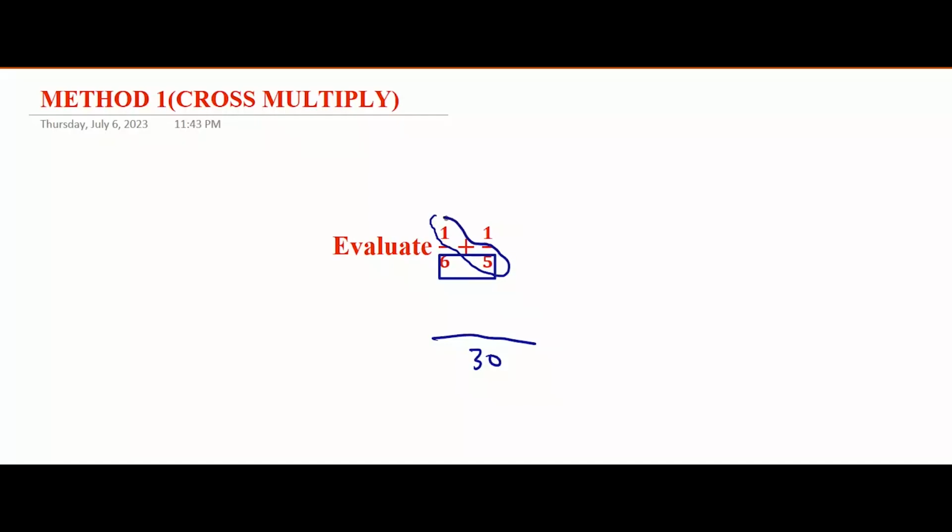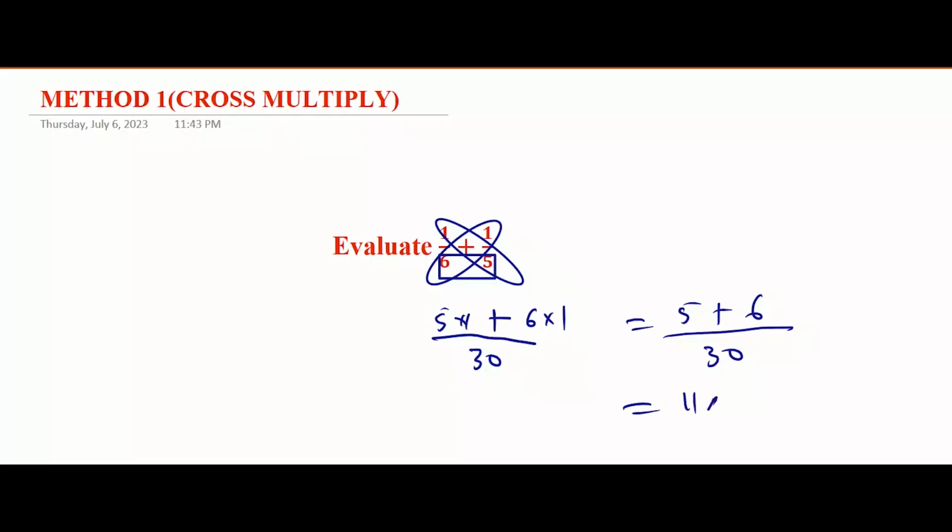So that will be 5 by 1. Then add, we also multiply 6 by 1. So that will be 6 by 1. If you do this, we're going to have 5 times 1 is 5, then add 6 times 1 is 6, then everything over 30, which is 11 out of 30.